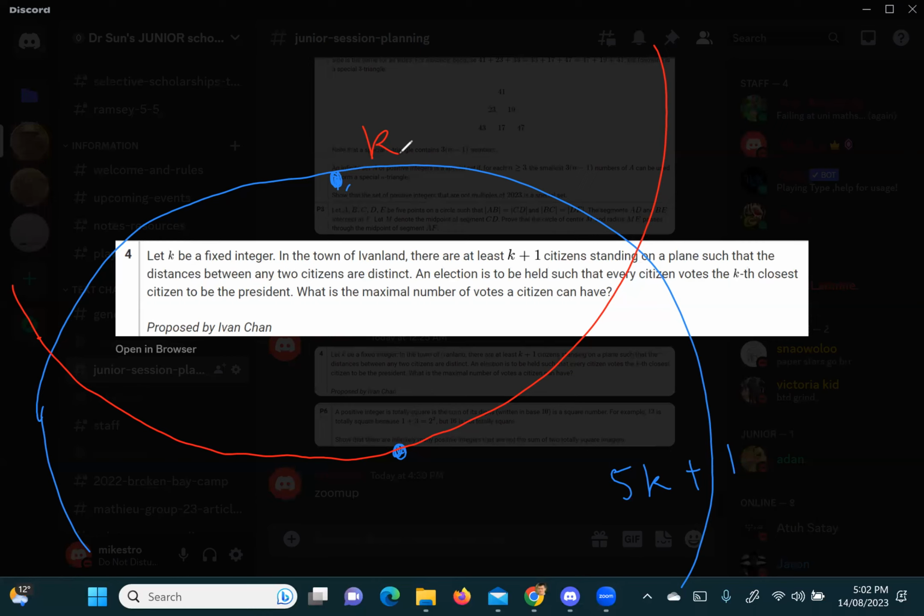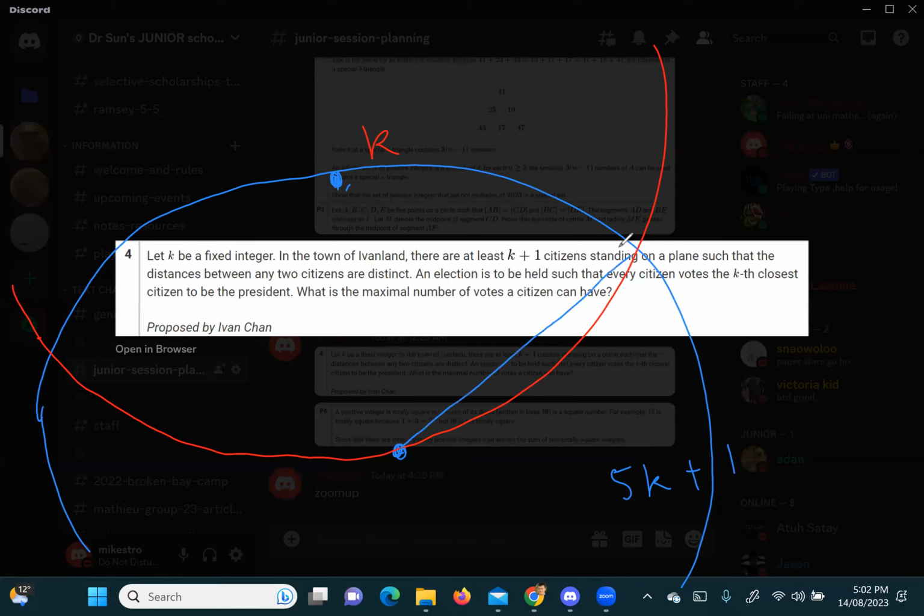You understand what I'm saying? Yeah, so there has to be K voters in the circle, including the person, so that the K furthest person is the blue dot here, the president. Okay, so what does that mean? These circles are congruent, right? So these circles are identical.